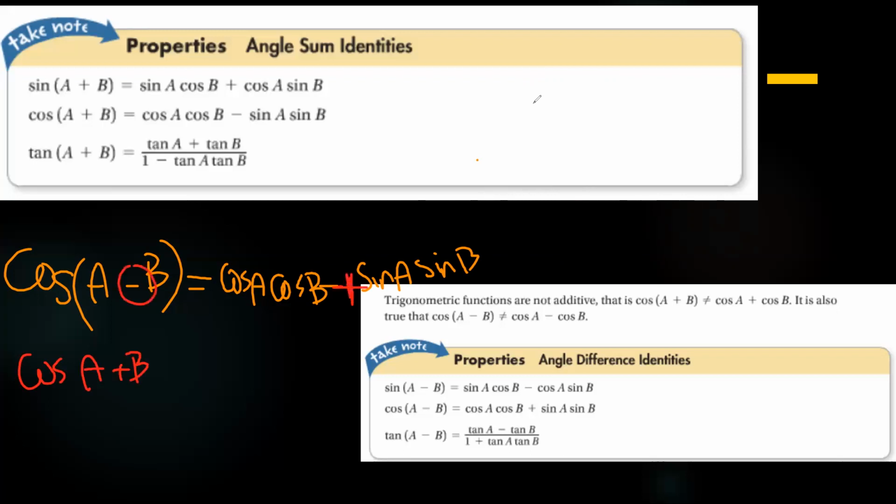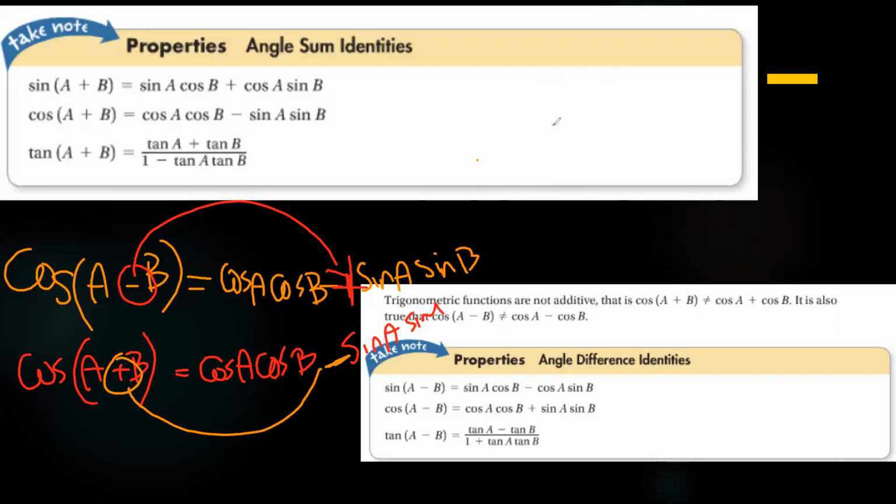Since we have minus, we write its opposite. For cosine of A plus B, we will write the same formula, but here, if we have a plus, we keep it minus.